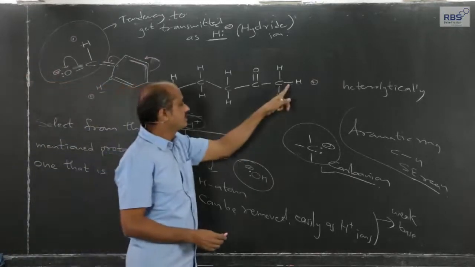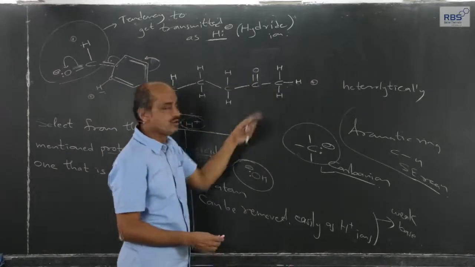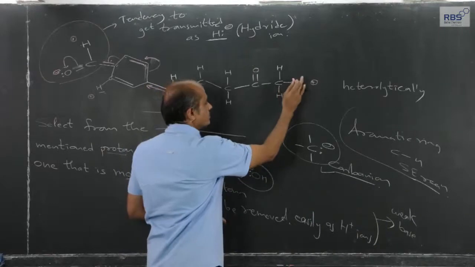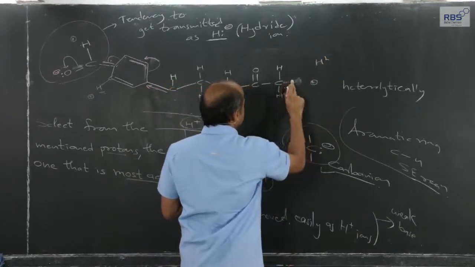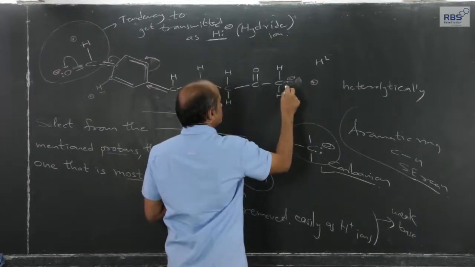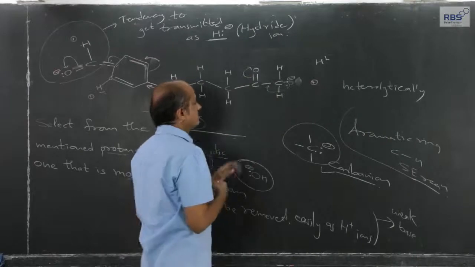As compared to that, here the resonance is between only these three nuclei. The moment hydrogen goes out in the form of H plus ions, this carbanion is produced. This carbanion will get shared here and the pi electron goes to oxygen.